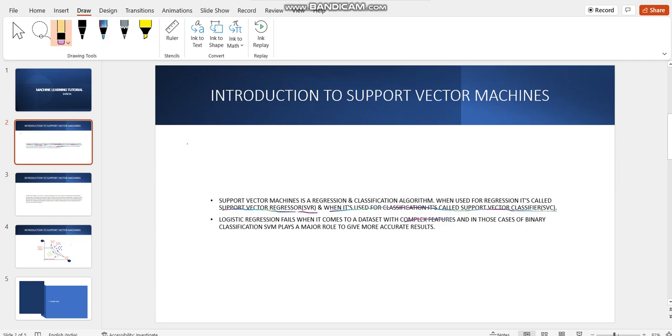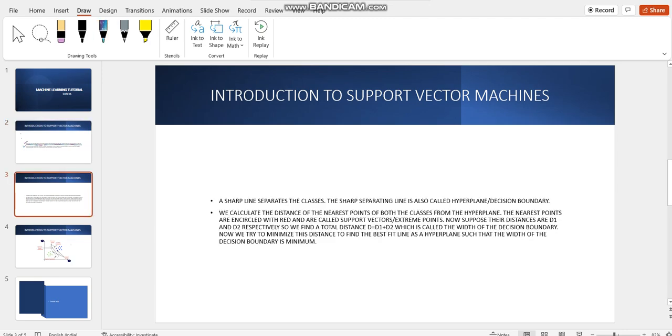In that case, SVM, especially the SVM classification, gives more accurate results as compared to linear and logistic regression. So this is one of the conditions where we can use the support vector machine. Moving forward, we will see the different terminology in the support vector machine.